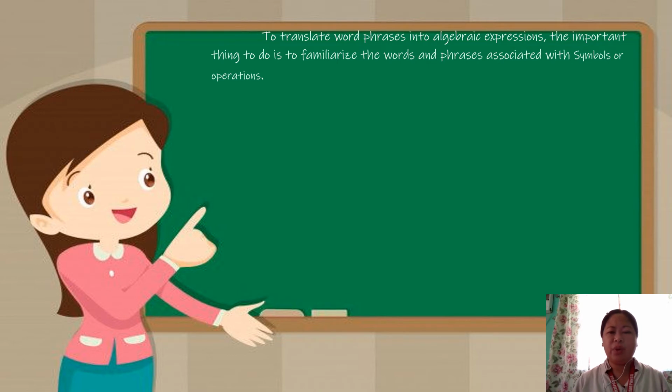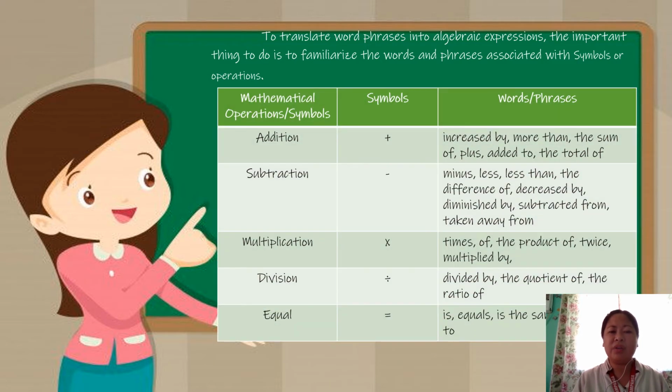To translate word phrases into algebraic expressions, the important thing to do is to familiarize yourself with the words and phrases associated with symbols or operations. Here are some examples. For addition, we have increased by, more than, the sum of, plus, added to, the total of.